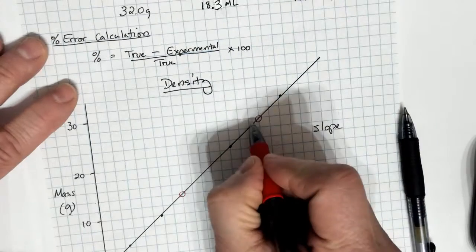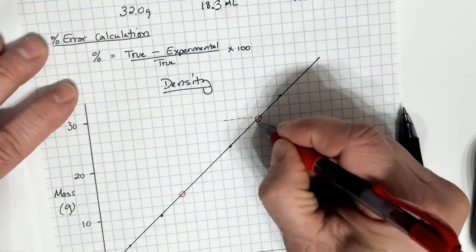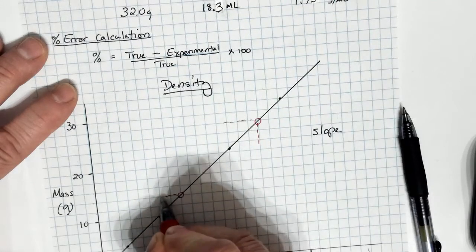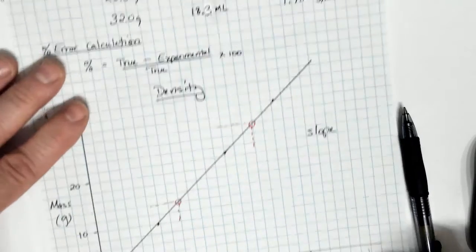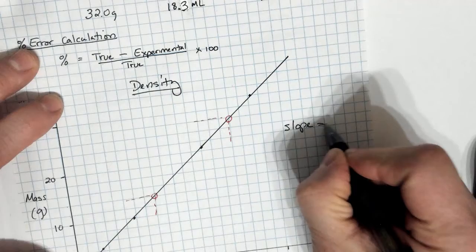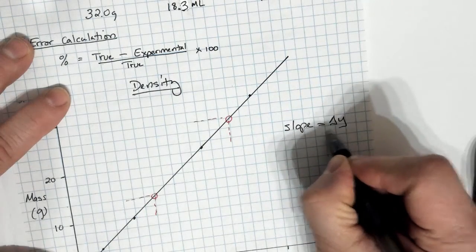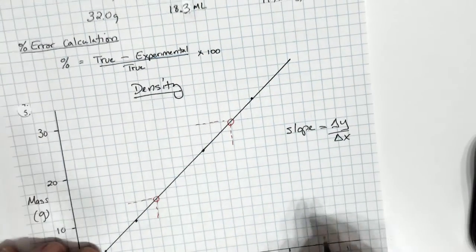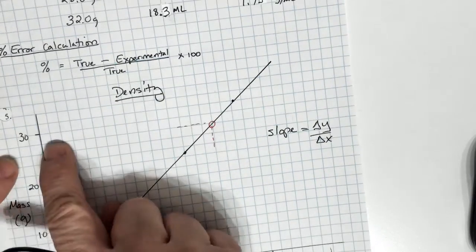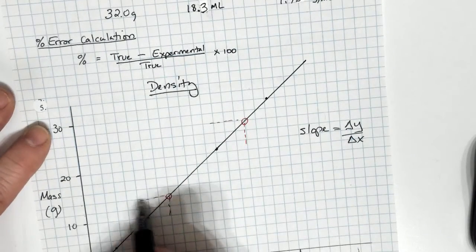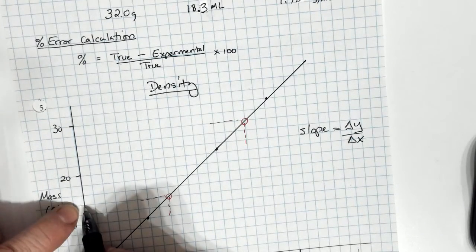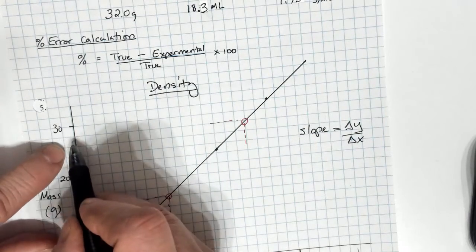Then what you do is you go over to the side and the bottom, and you read those data points, and you find them. And the slope is the change in y over the change in x. Okay? So I've got to find these two points and subtract them. So if I go across, this is 14, and this one right here is 28.